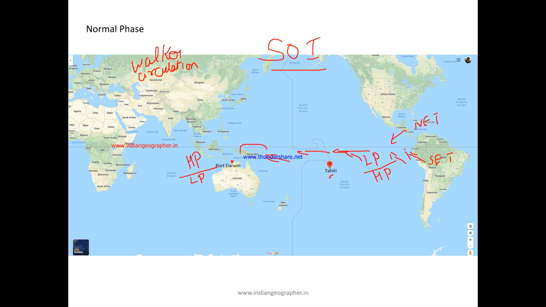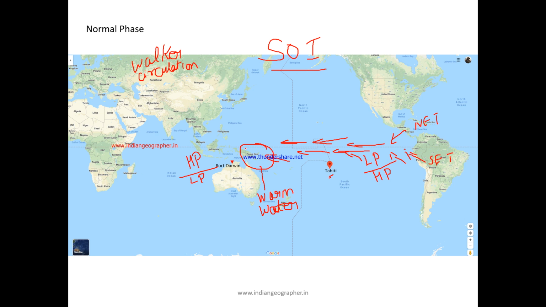There is a lot of piling up of water happening here. The northeast trades also push the water towards this side. So there is a huge piling up of warm water in the western part of the Pacific.